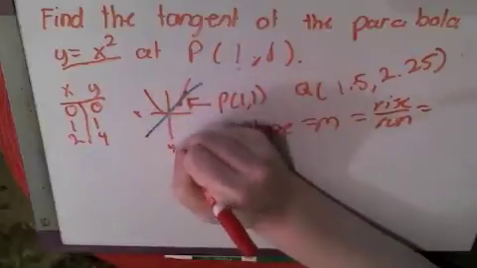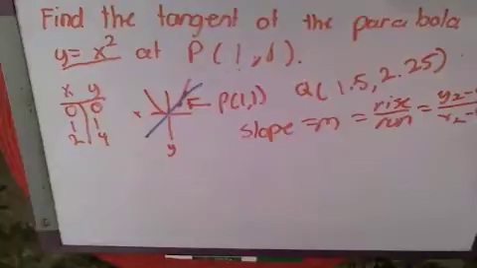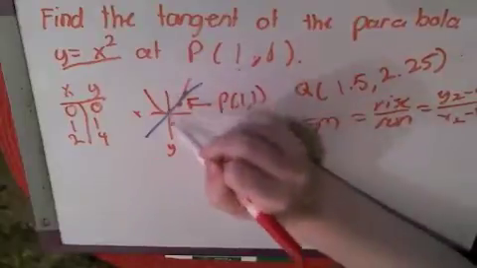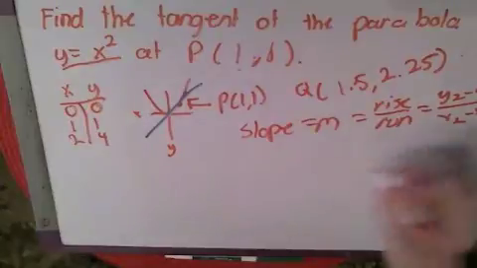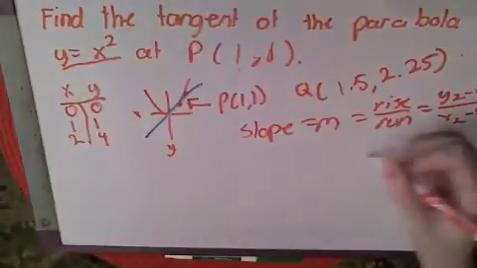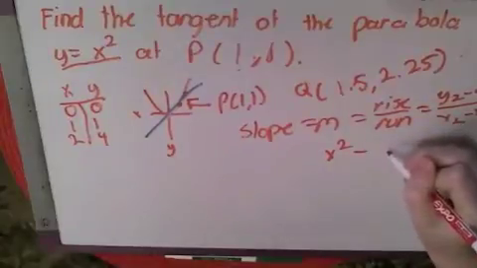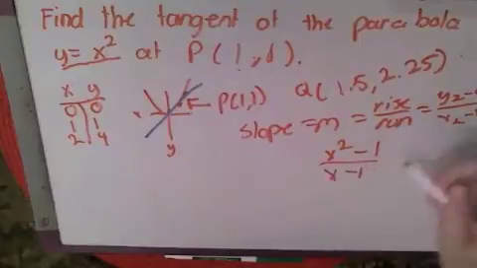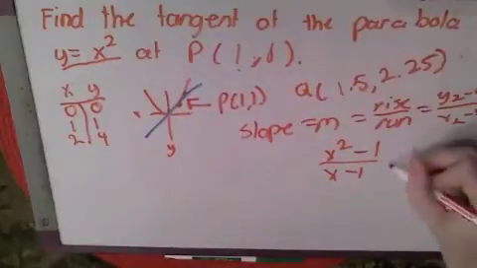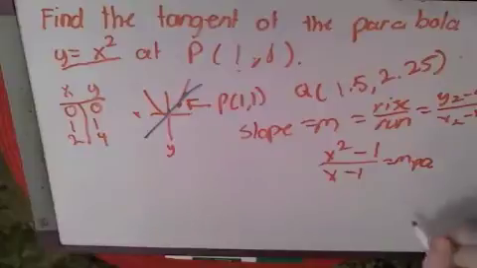So x, y, which is just y2 minus y1, the rise, and x2 minus x1, the run. Using that formula, we plug that in: y squared minus our P, 0.1, over x minus 1, and that equals the slope of PQ, m_PQ.